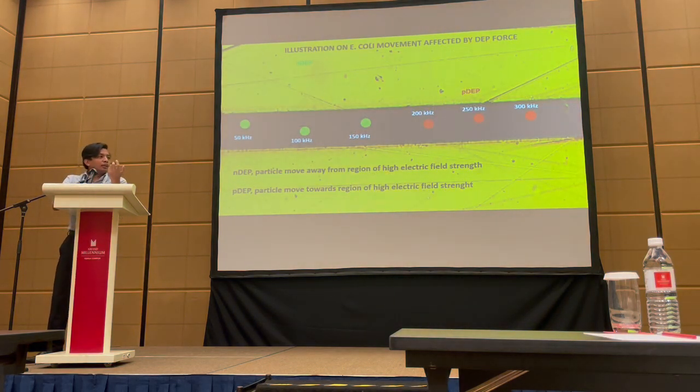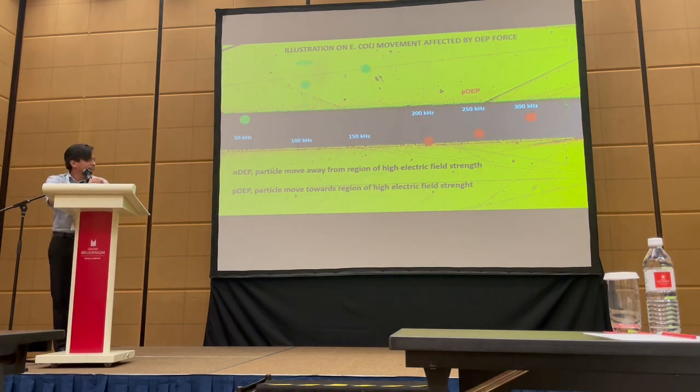As I mentioned before, in the curve you can see that the force at lower frequency is strong and then becomes weaker. At some point it flips from weak and becomes stronger again. Actually, we can observe this in our actual experiment. At 50 kilohertz, for example, the bacteria moves faster than at 150 kilohertz.